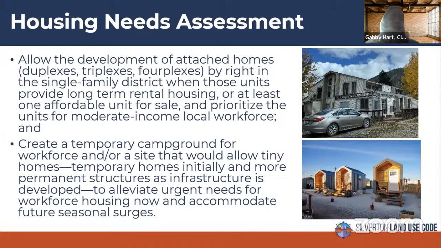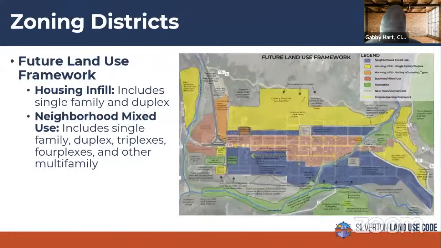Next slide, please. Starting with a major portion of the land use code are the regulations that relate to zoning districts. The town is separated into geographic areas, and in each of those geographic areas or zoning districts, there are different regulations and different requirements for construction and development. The Compass Master Plan sets forth a future land use framework, which is shown here on the slide.